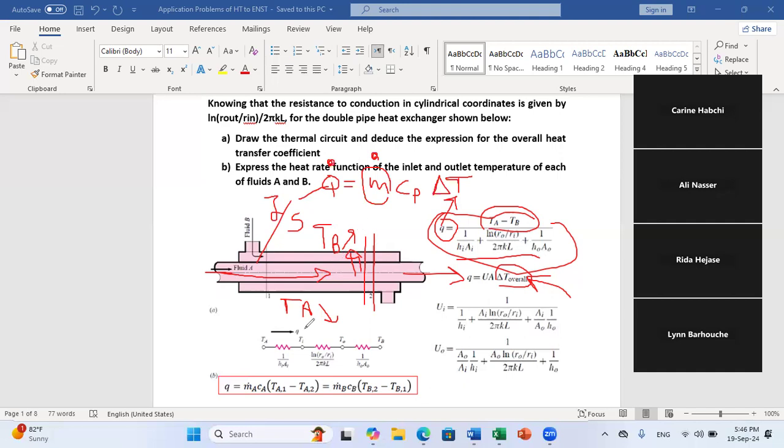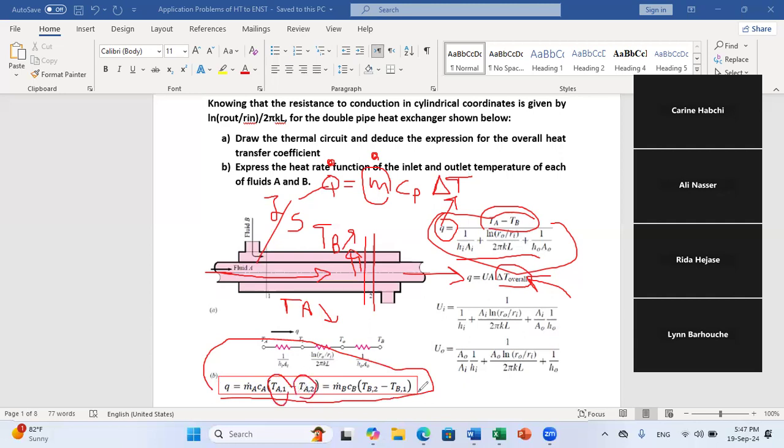And therefore, we can write the following equation. We can say that the rate of heat lost by A can be expressed as mass flow rate of A times the specific heat of A times T inlet of A minus T outlet, okay?